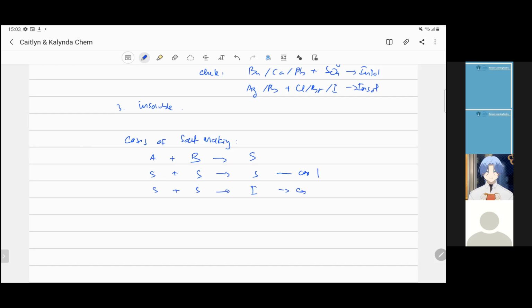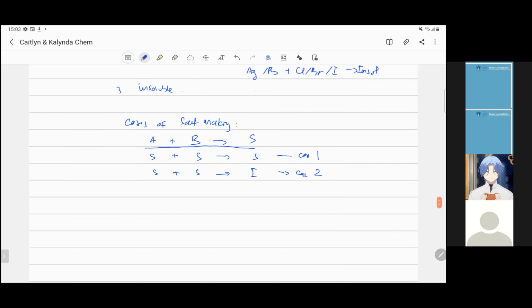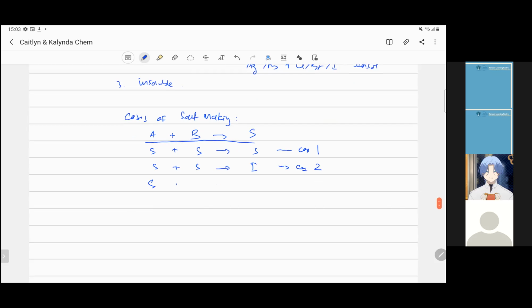This is case number 2, the easiest. Then something soluble with something insoluble, but the result is something soluble. This is case number 3. And the last one, soluble with insoluble becomes insoluble. This is not discussed in IGCSE.